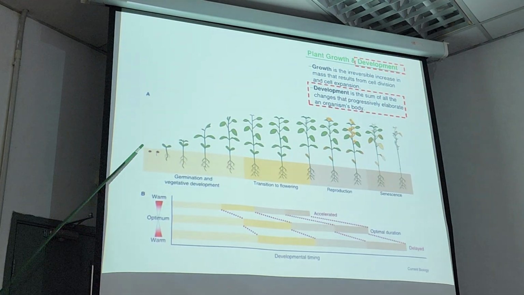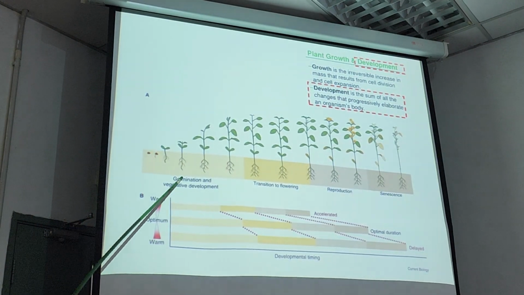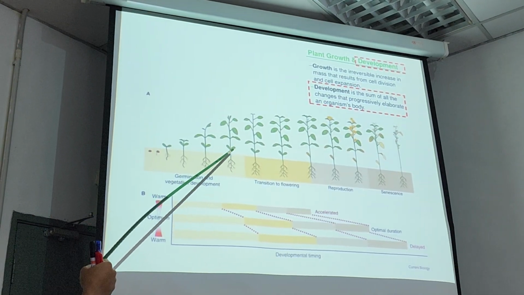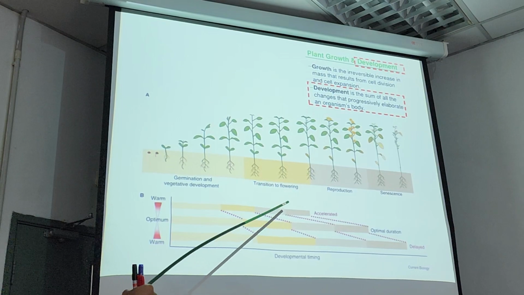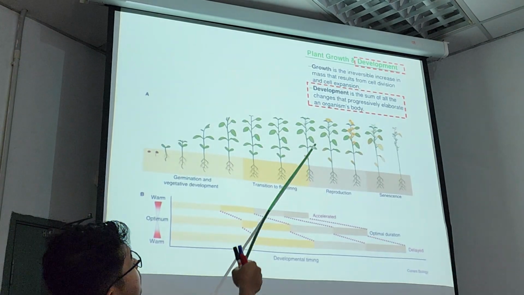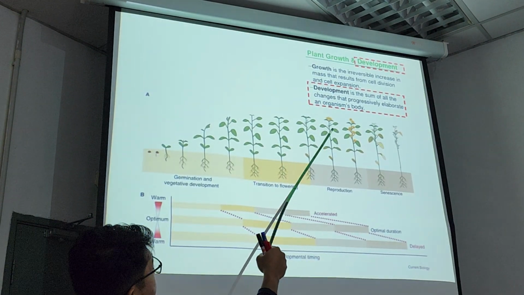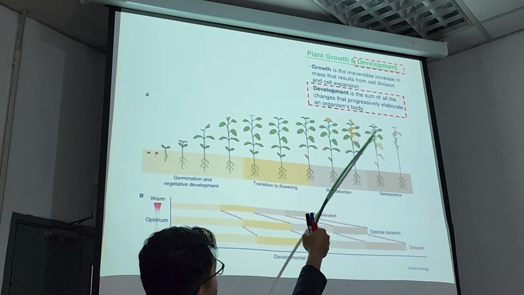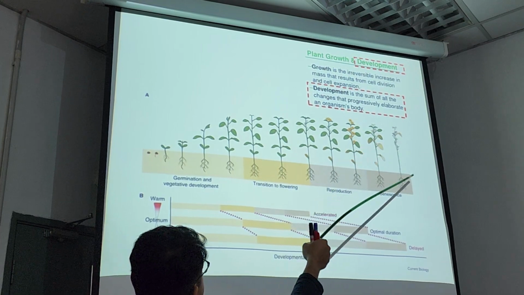So, example here, you got your seeds, germinates, then you got your seedlings. Now your seedling will undergo vegetative state, active vegetative, and then it will start to transition to reproduction. And then in reproduction, you will start to have your flowers, you get your fruiting bodies, and then you get your senescence.